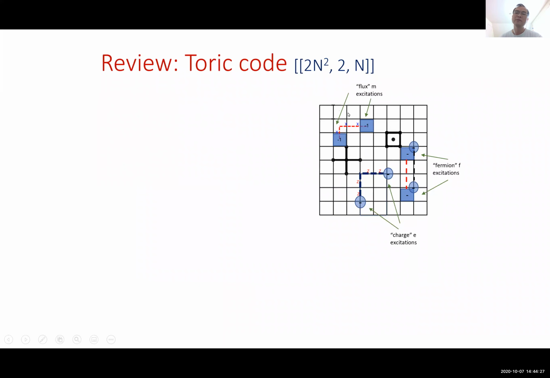So we have qubits on edges, and there are 2n² edges. So this is using 2n² qubits to encode 2 logical qubits, and the code distance is n. That means that it can correct errors up to (n-1)/2.